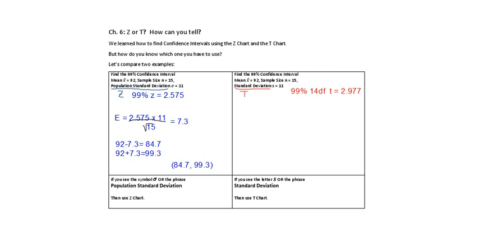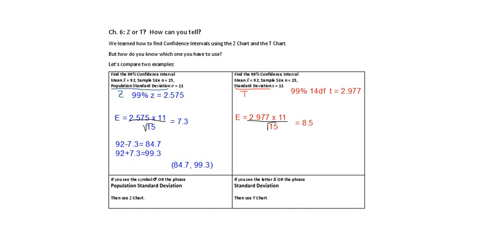So the error will equal 2.977 times the standard deviation, which is 11, and divide by the square root of 15. Put this right here, do a square root right there. And that's going to equal 8.5.